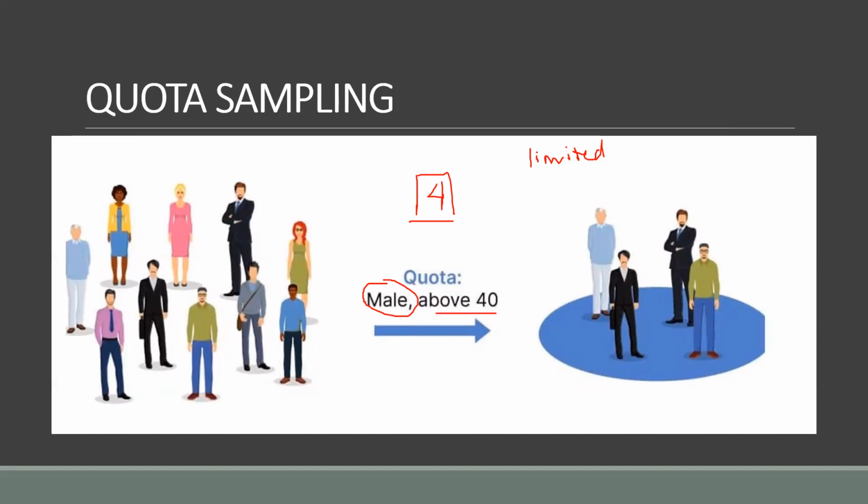So we have here, just like with our purposive sampling, we set criteria, but we only limit the number of individuals that will participate in our study. So since we have set that we will be selecting 4 individuals, then you select only 4 persons that are considered male and are above 40 with regards to their age.